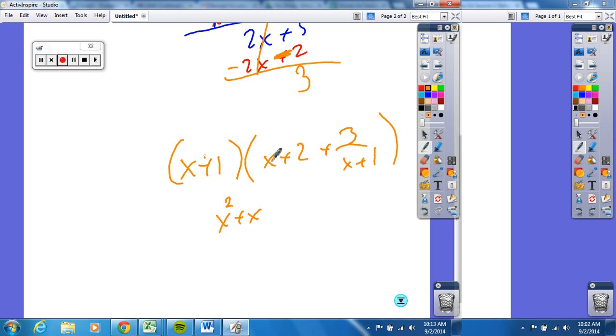I took the binomial and multiplied it to the first term. Binomial, first term. Binomial to the second term, I get plus 2x plus 2. Anybody have a question there? Everybody with me on that?